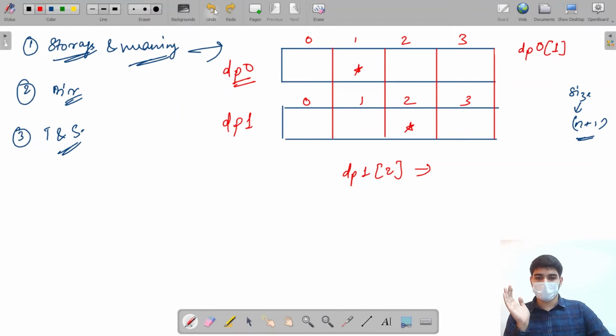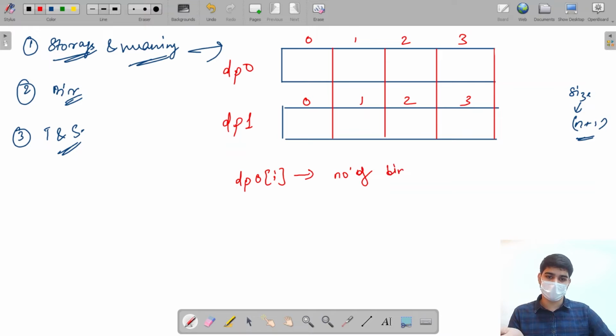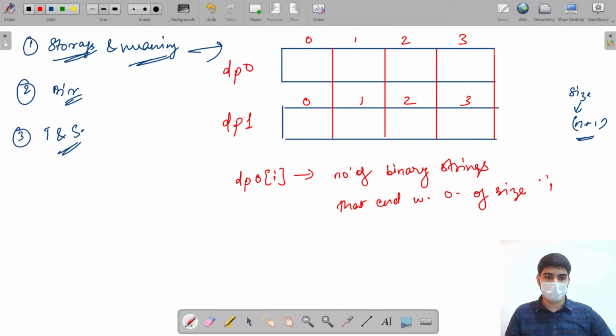Again, DP of 0 of I has a standard meaning. DP of 0 of I means the number of binary strings that end with 0 of size I, such that there are no consecutive zeros.